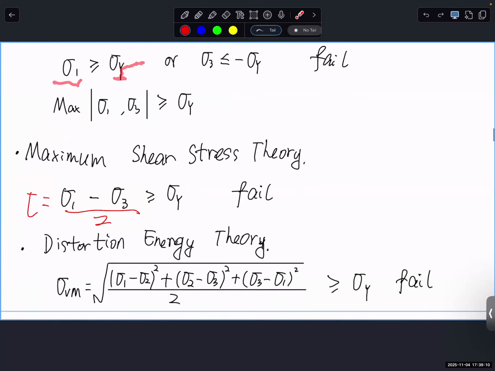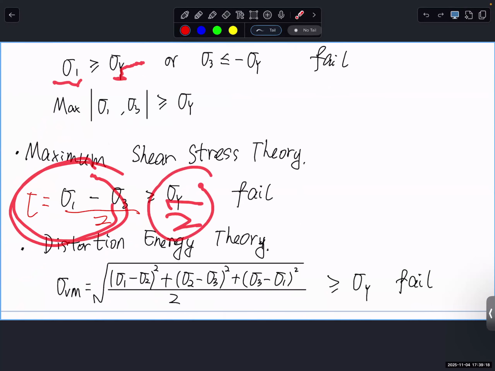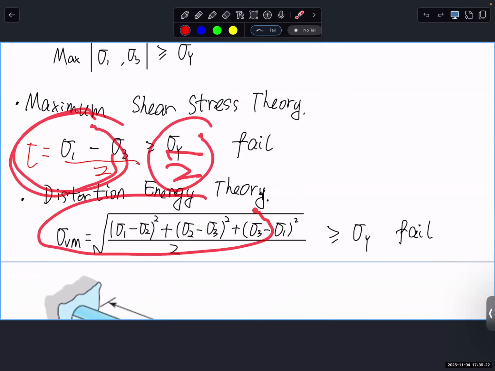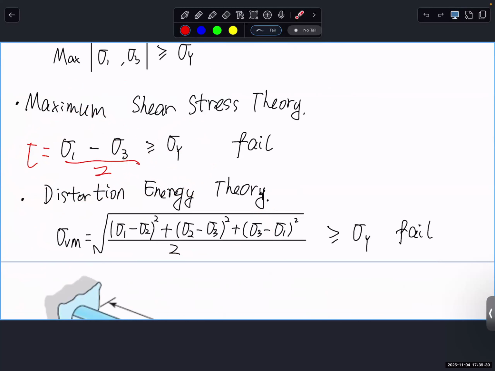If it's ductile material and the maximum shear stress in your structure is greater than the allowable shear stress of the material, it fails. And here, if the distortion energy stored in your own structure is greater than the tension compression test distortion energy, it fails.